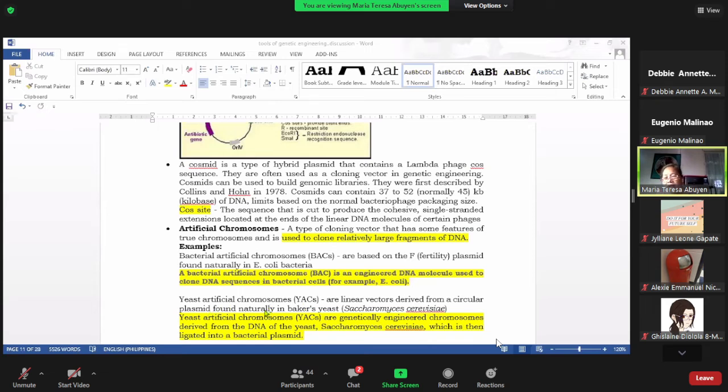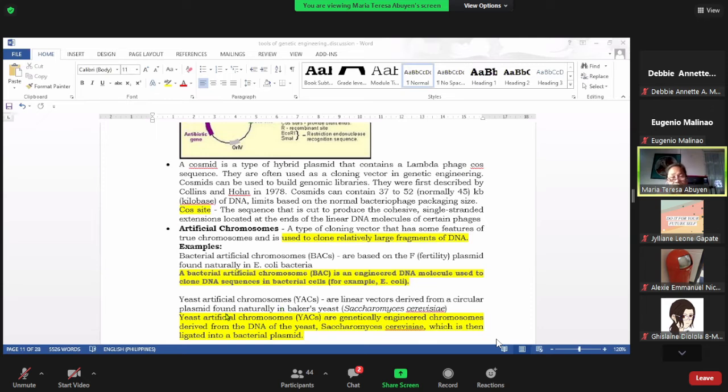So kung iton imo i-insert dako hinduro nga fragment of a DNA, para hiya ma-accommodate, para iton nga large DNA fragment ma-accommodate into a certain DNA, it imo gagamiton will be the yeast artificial chromosome.